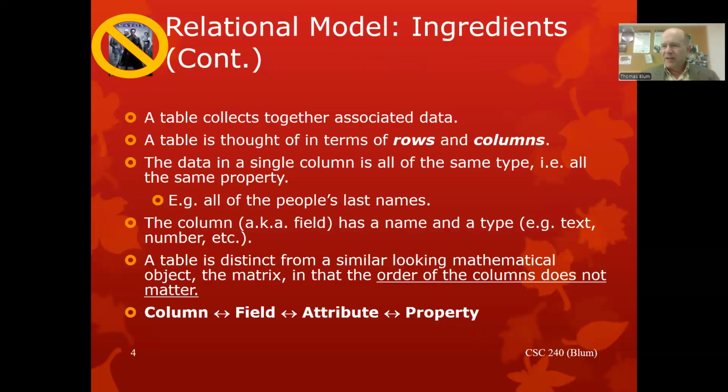Okay, so we're bringing together associated data. We're going to at least think of it in rows and columns, and when it's being represented to us, it'll often be represented in rows and columns, like a spreadsheet, like Excel. Again, that might not be what it actually looks like behind the scenes.